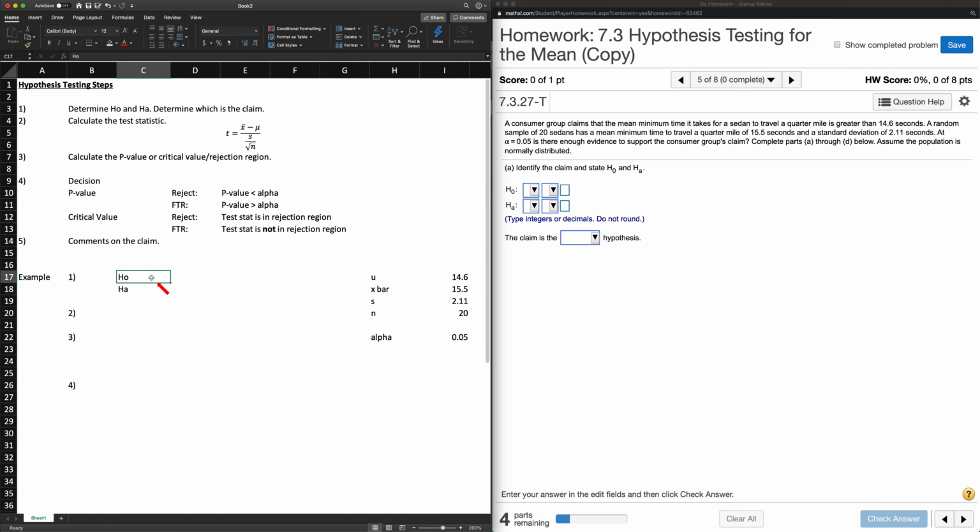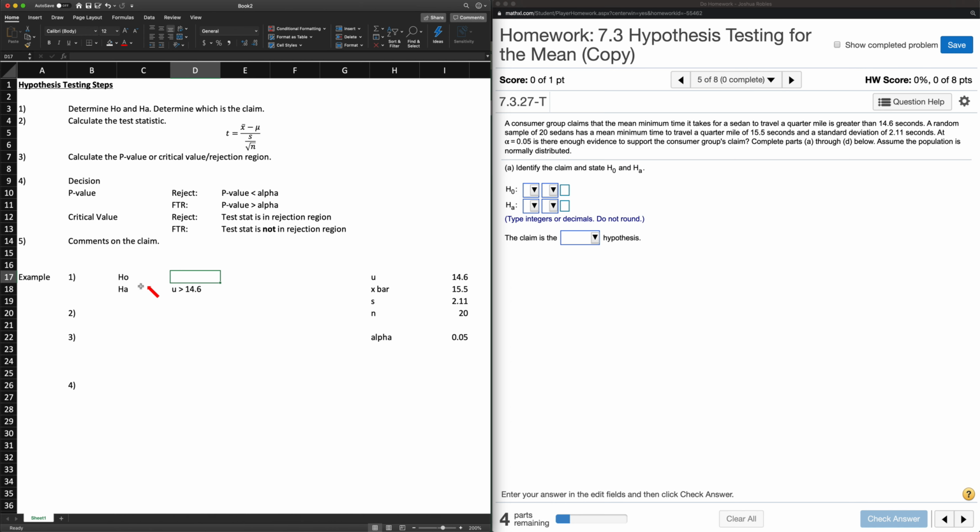So to start, let's figure out the null and alternative hypotheses. So the mean that we're mentioning here is the 14.6. The first one is mentioned, the mean is greater than 14.6. So if we do not have an equality, that is the alternative hypothesis. The mean is greater than 14.6. The null hypothesis is then the opposite to that.